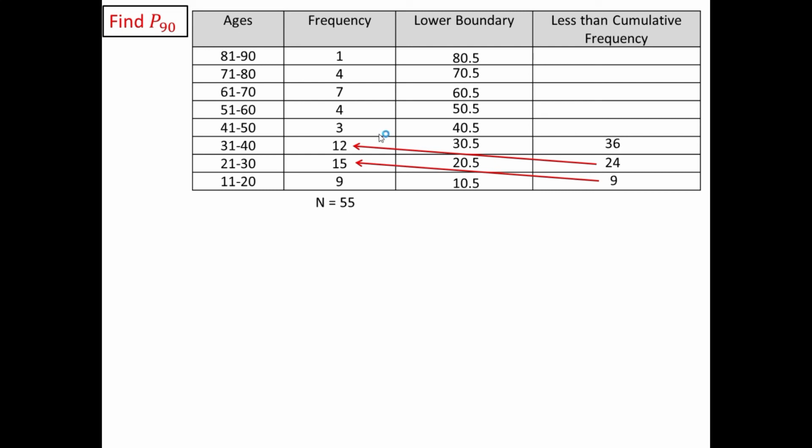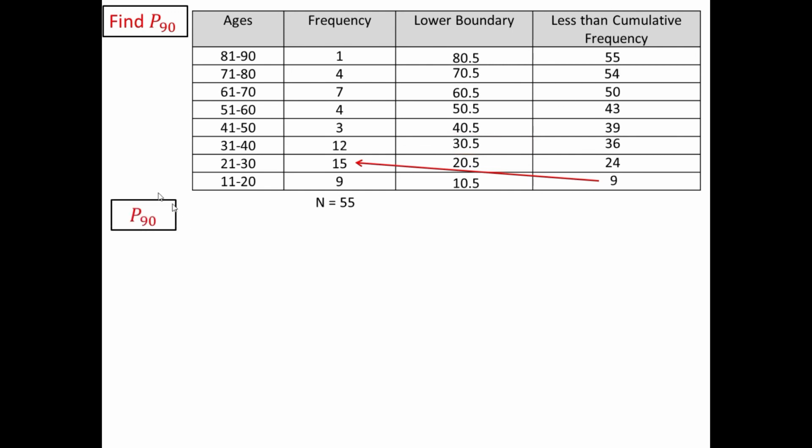Next, 36 plus 3. That's equal to 39. Continue mo lang hanggang makarating sa taas. 39 plus 4 is 43. 43 plus 7, that's 50. 50 plus 4, 54. And 54 plus 1 is 55.